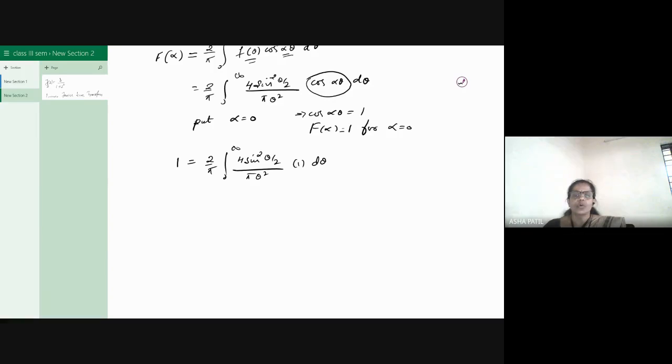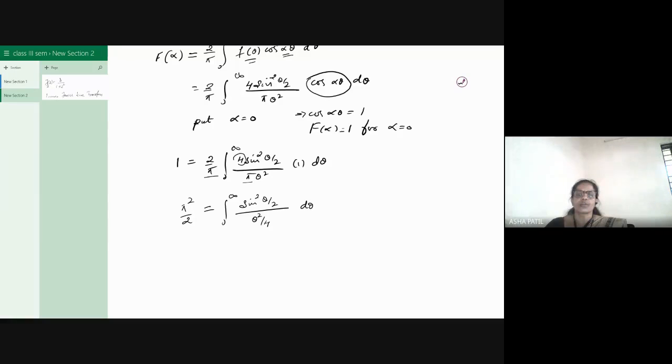Transferring these constants to the other side, we can write pi square by 2 is equal to integration from 0 to infinity of sine square theta by 2 divided by theta square by 4.